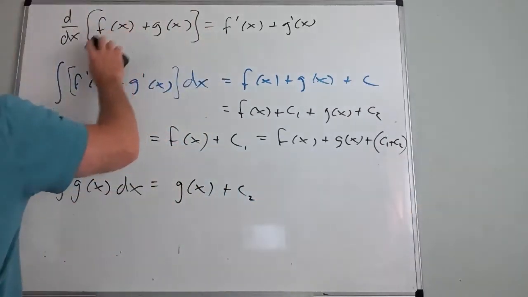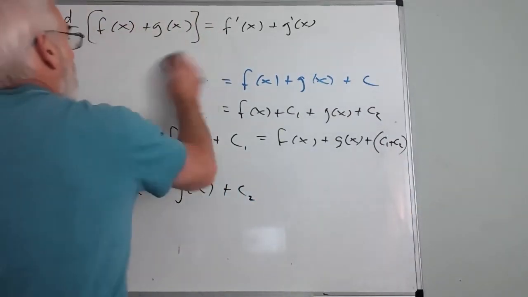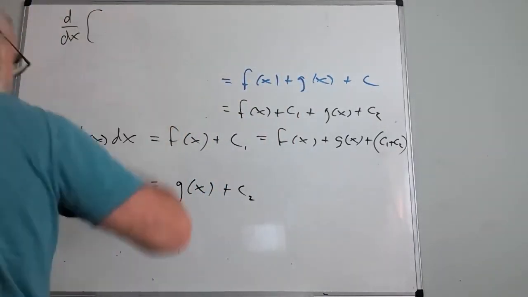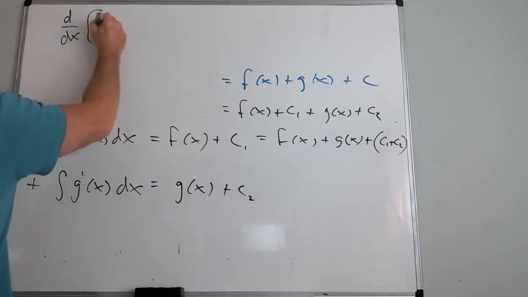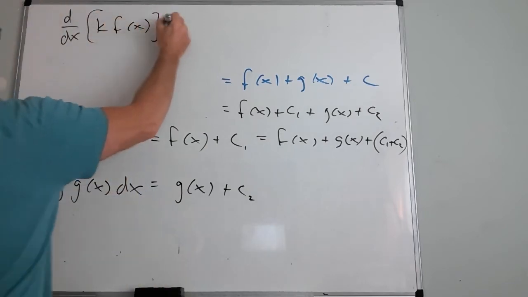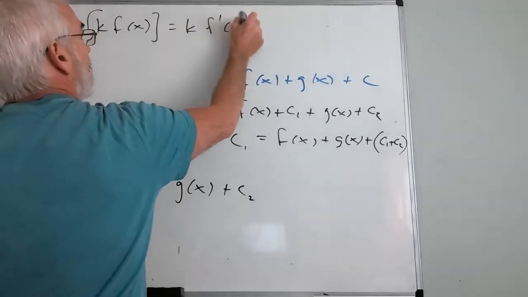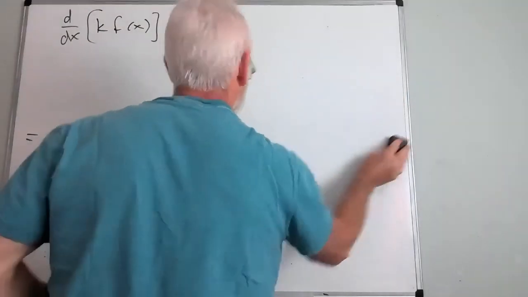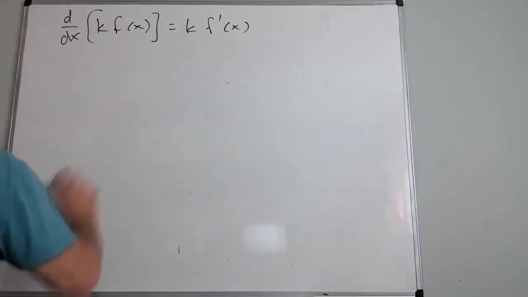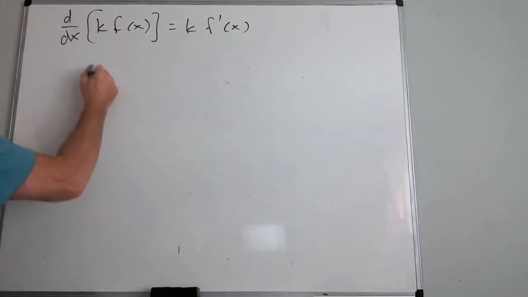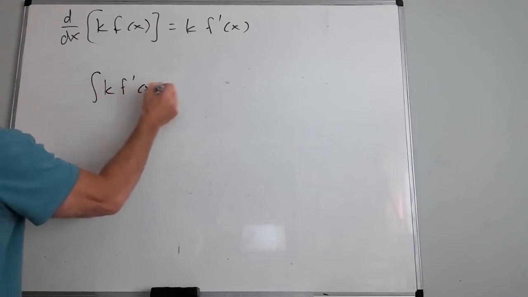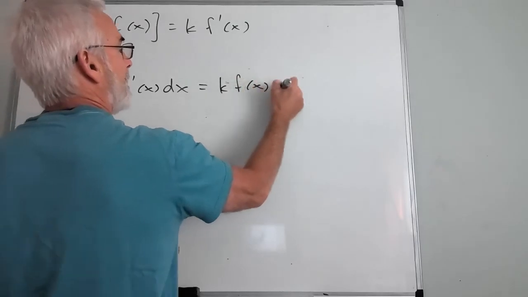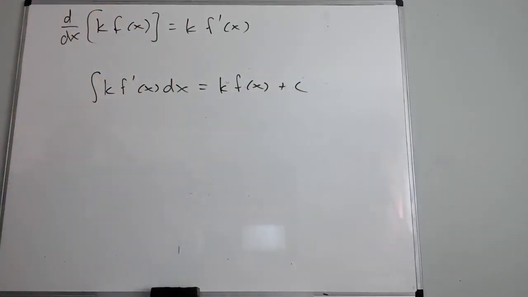Now, what about the scalar multiple aspect? Well, we also know this. So the question is, if I integrate k f prime of x dx, I know I'm going to get k f of x plus c because that's where it came from.